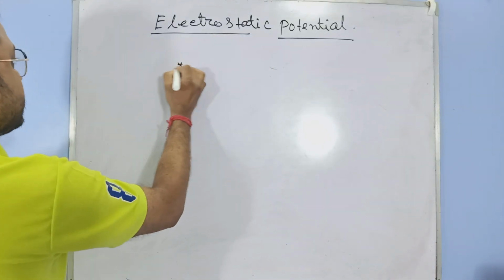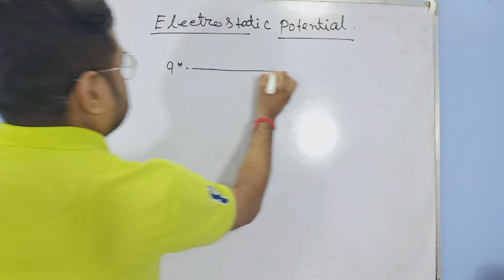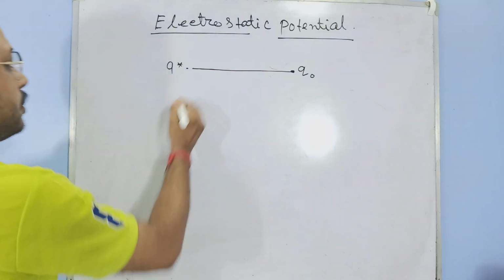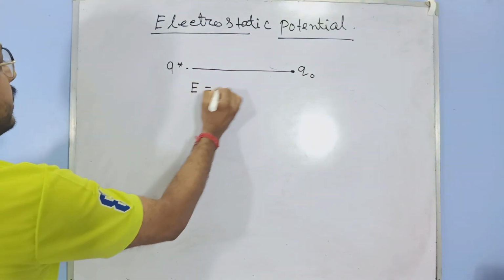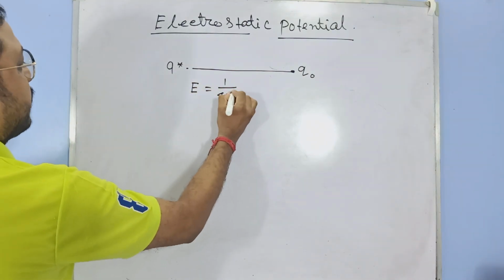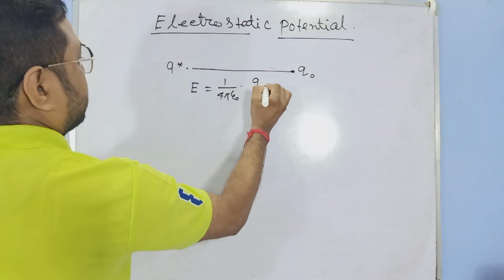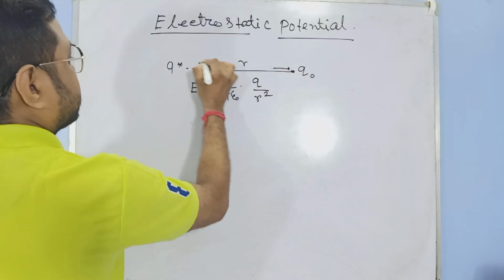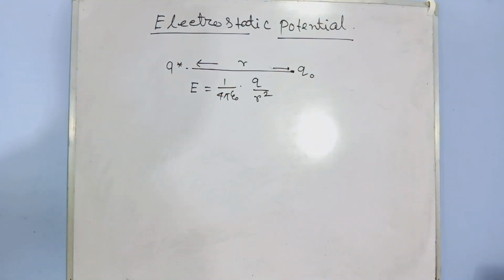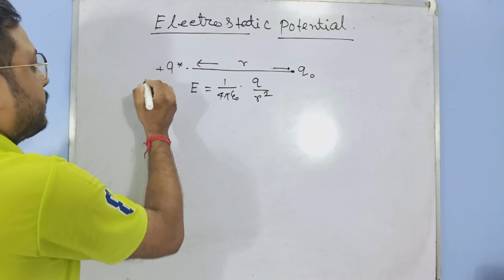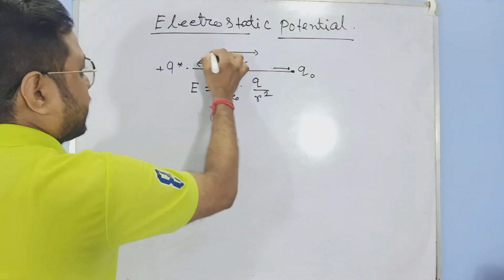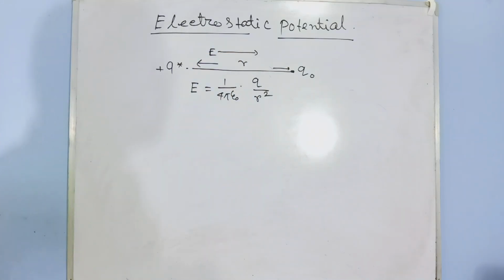The source charge Q exerts a force on a test charge Q0, which is given by 1 by 4 pi epsilon naught Q by R square, where the distance between the source charge and test charge is R. And if Q is positive, the electric field is away from the charge and the force is away from the positive charge.